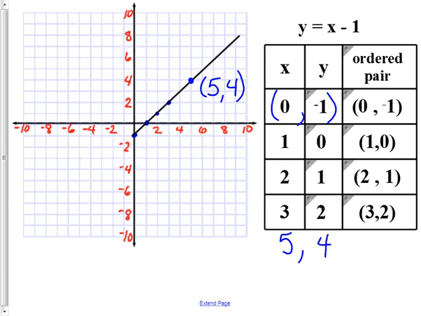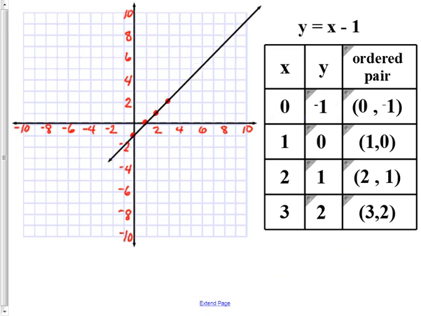I could pick any ordered pair on that line. That ordered pair right there is 8, 7. And 8, 7 would work for that equation because 8 minus 1 is in fact 7. 5 minus 1 is 4. So any ordered pair that falls on that line actually fits that equation.